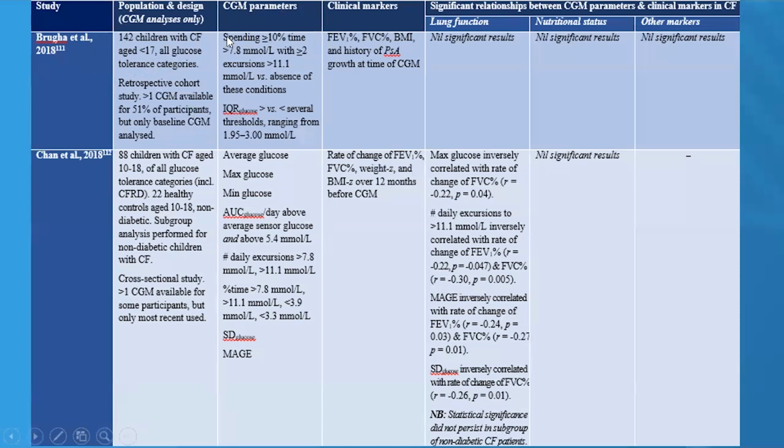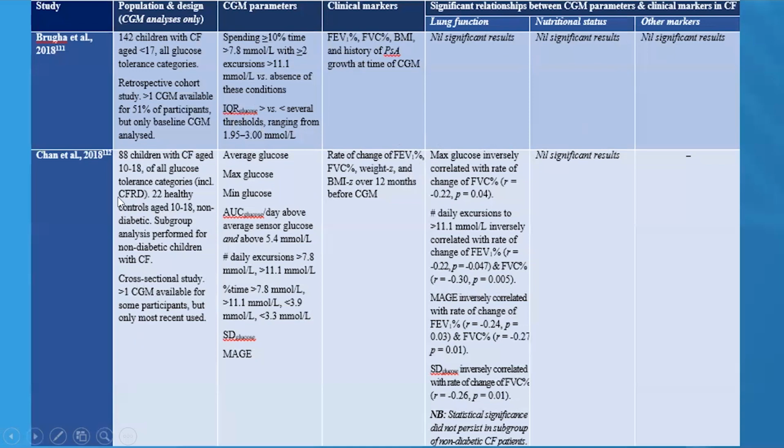And those with high percentage time above 7.8 or frequent excursions above 11.1 were studied for their effects on lung function and so on, as well as looking at the interquartile range of glucose. Using these methods, they didn't find significant relationships between lung and nutritional status.